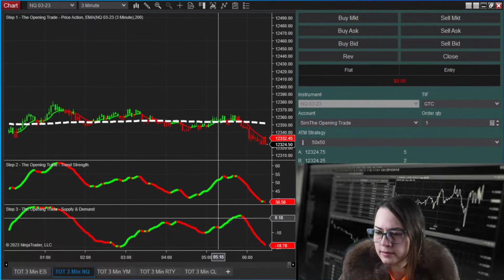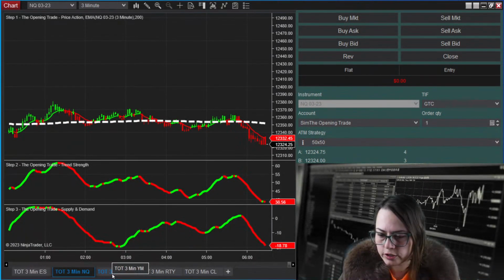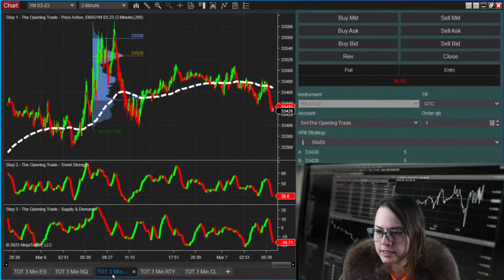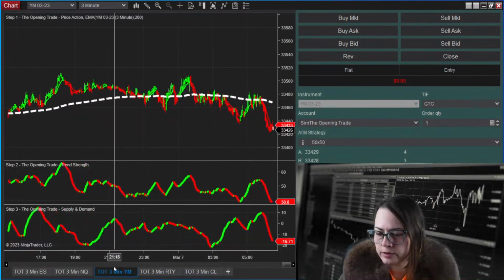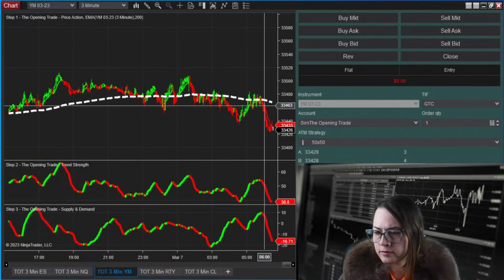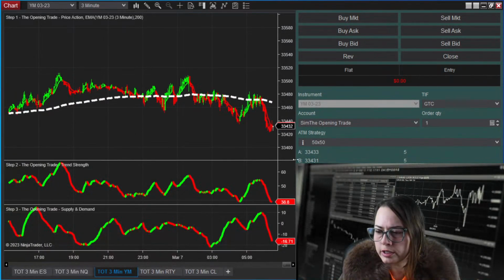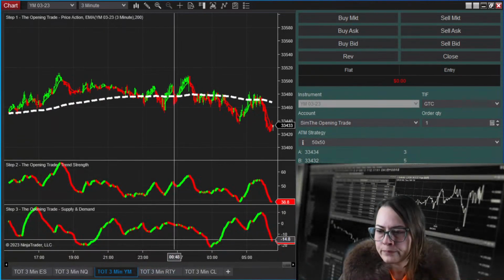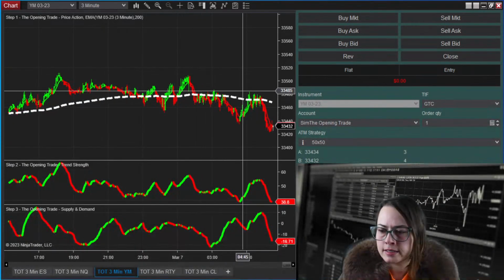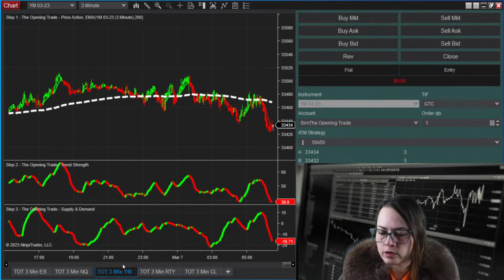And then we're going to take a look here at the Dow, which will give it a little bit more room. Right up there, we can see it has also pulled down below the 200 period EMA. The 200 period EMA is the white dashed line if you are unfamiliar.